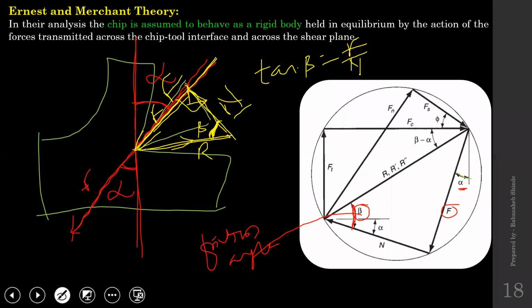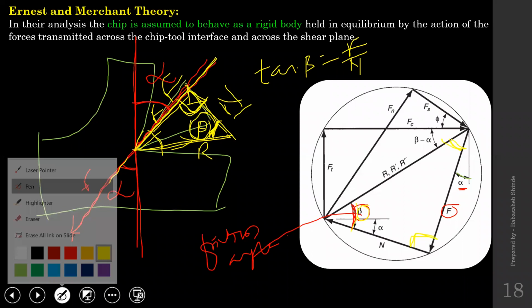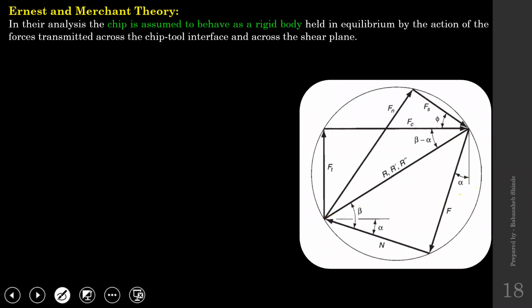And by similarity of triangles, if this is beta, the same triangle we have extended over here. So this angle is nothing but this opposite angle. This 90 degree is this 90 degree. So what is left with us? This beta. So this angle is also beta, and that is the friction angle. So we got alpha, we got beta also.